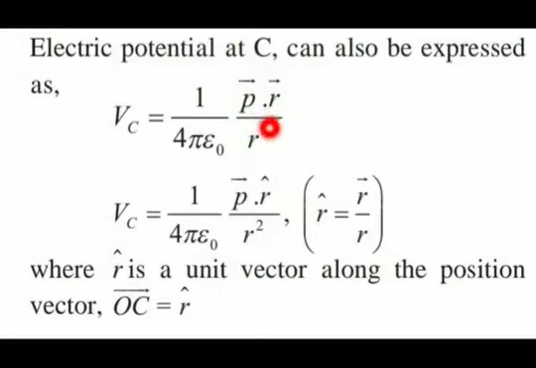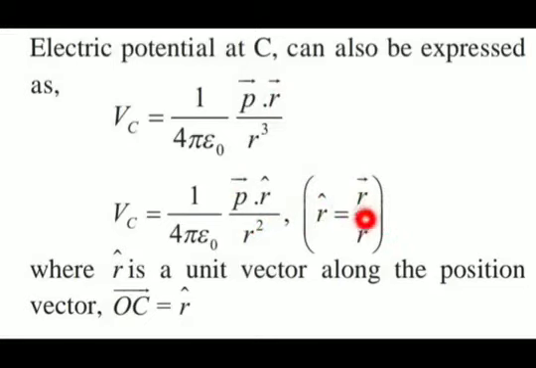If you apply again, you will have 1 upon 4 pi epsilon naught times P dot r upon r cube. The value is not going to change. Fine, we are taking this vector form. As we know, the vector r upon r is also called the unit vector.